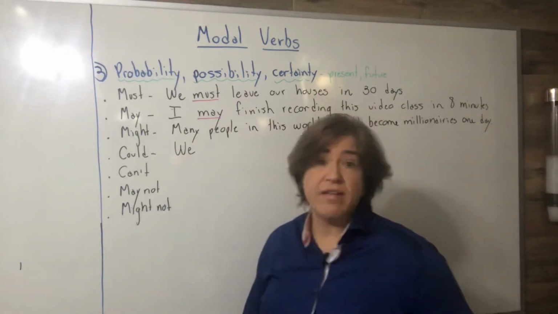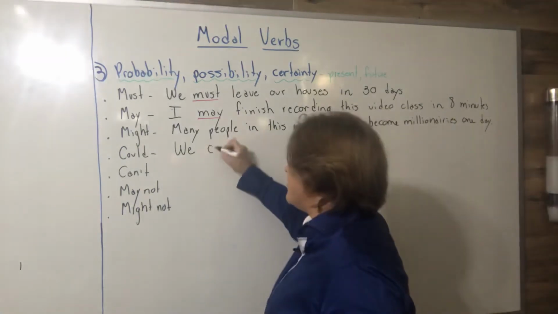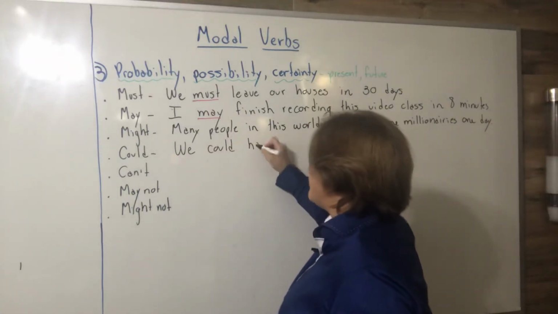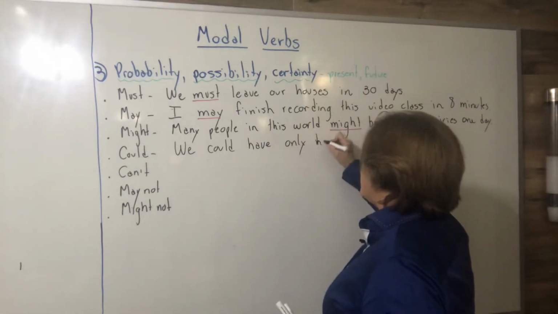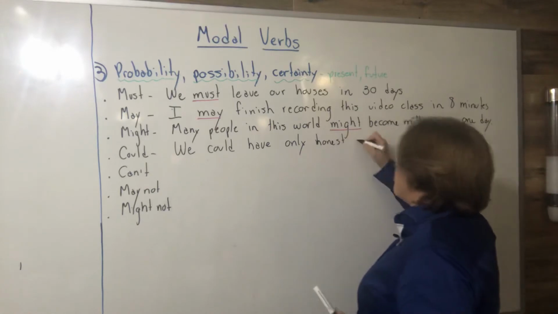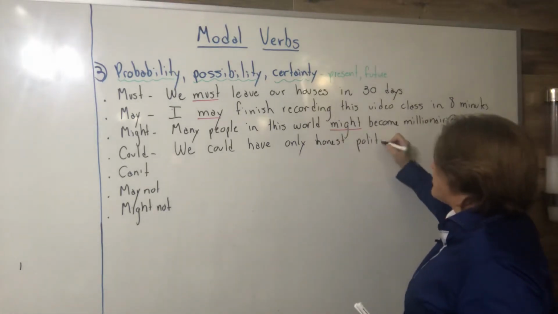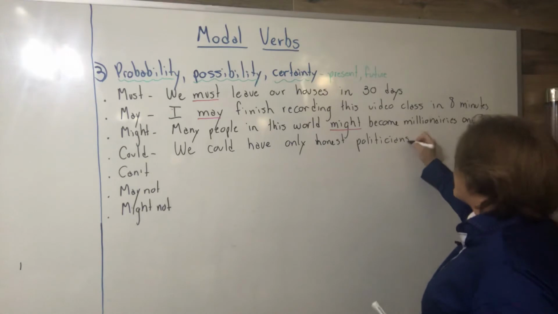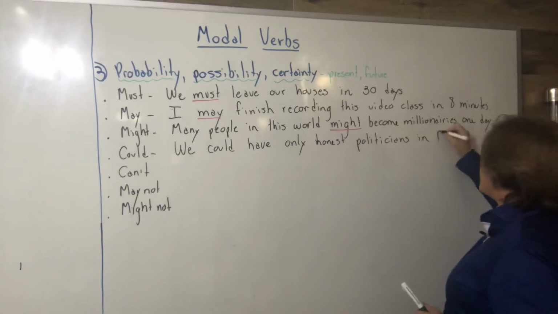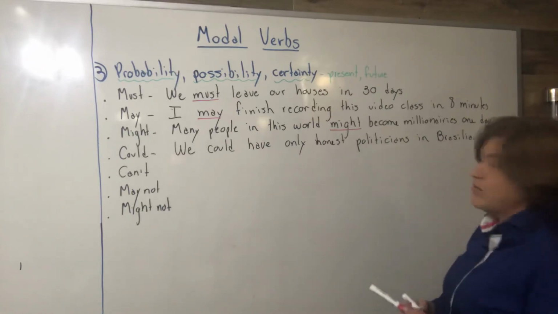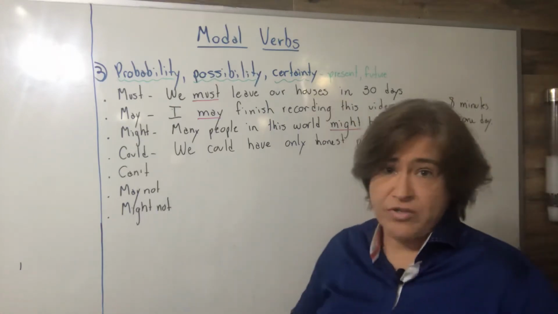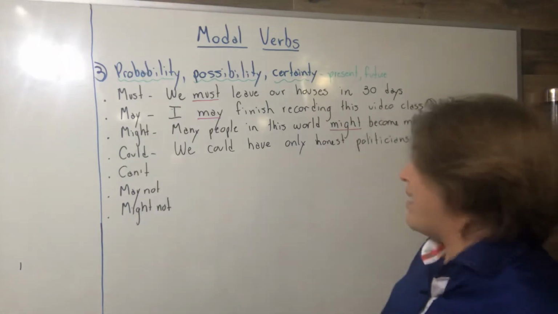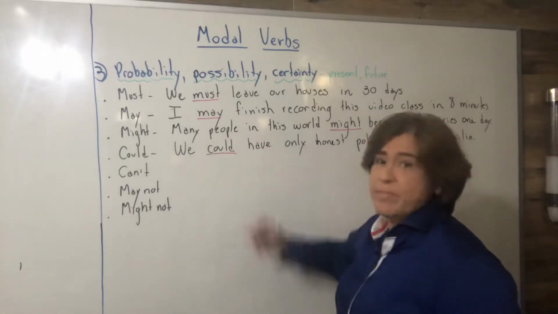I'm talking we Brazilians could have only honest politicians in Brasilia. Okay, we could have. That's how I see the future. So that's why teacher is using could. It's my idea. So minimum possibility.